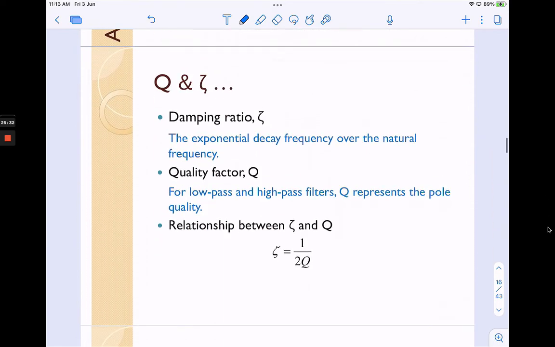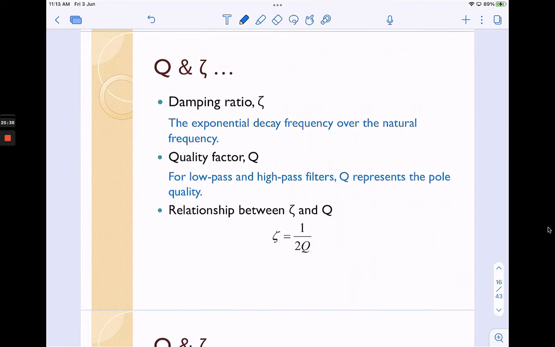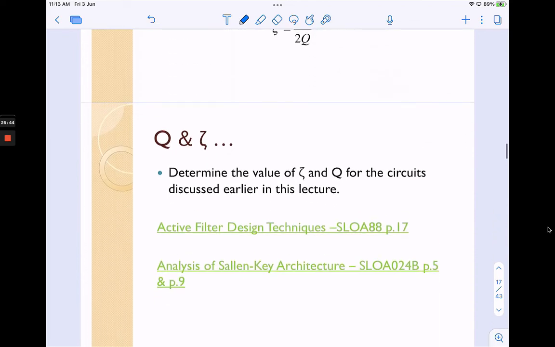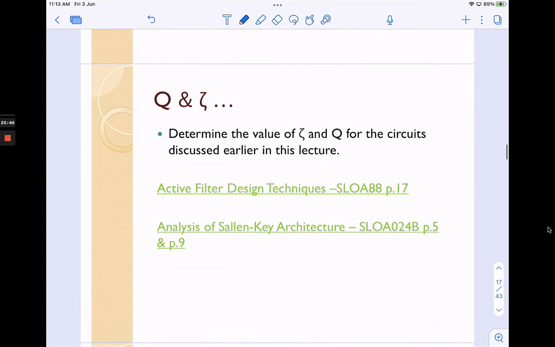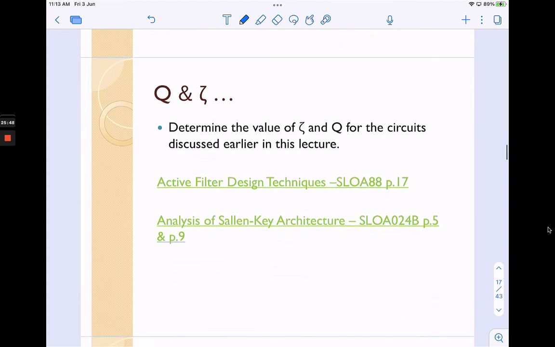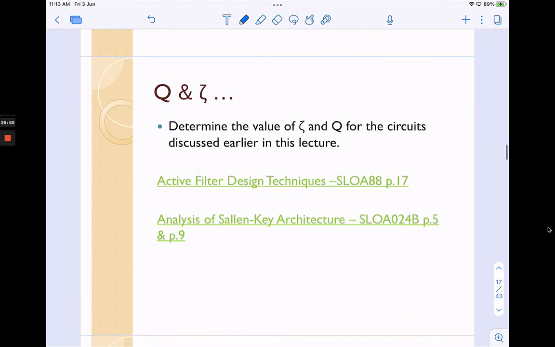Okay, next. I have explained this quality factor and damping ratio in the previous video, so just take a look at that video. I forgot to put in the link.